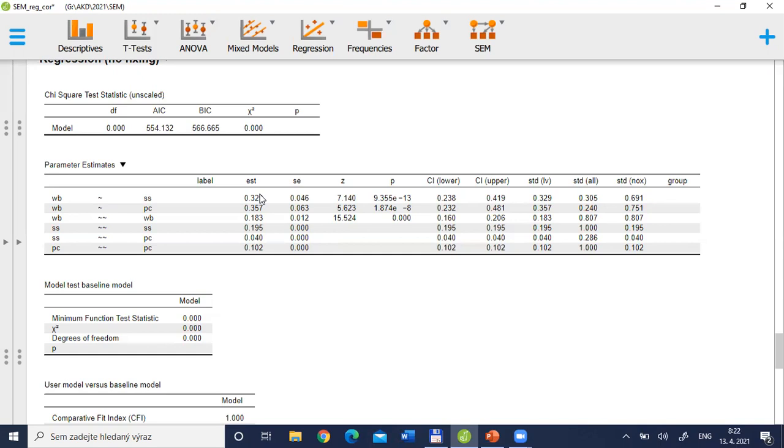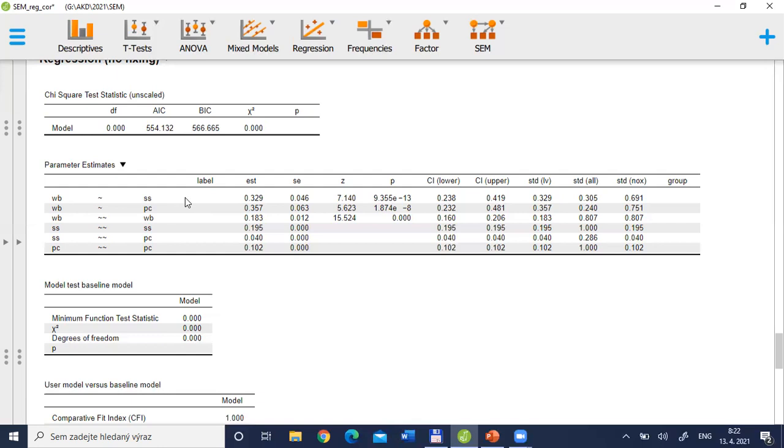For us, it could be interesting to check the values of the regression coefficients. These are 0.329 and 0.357. They are quite close to each other. So it means that the impact of social support and proactive coping on well-being is nearly the same.